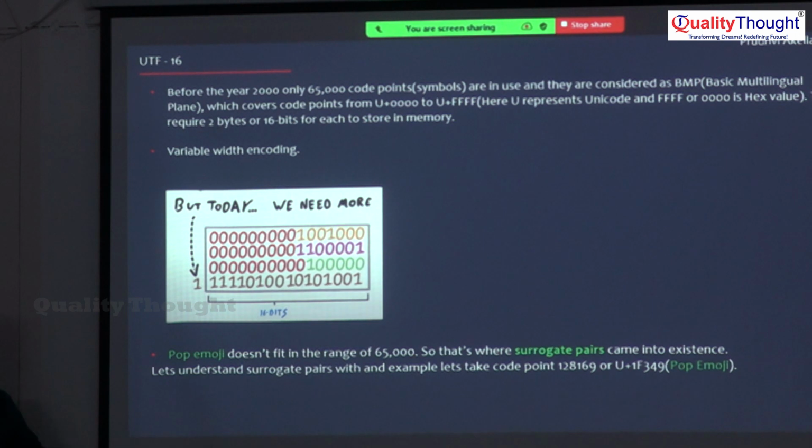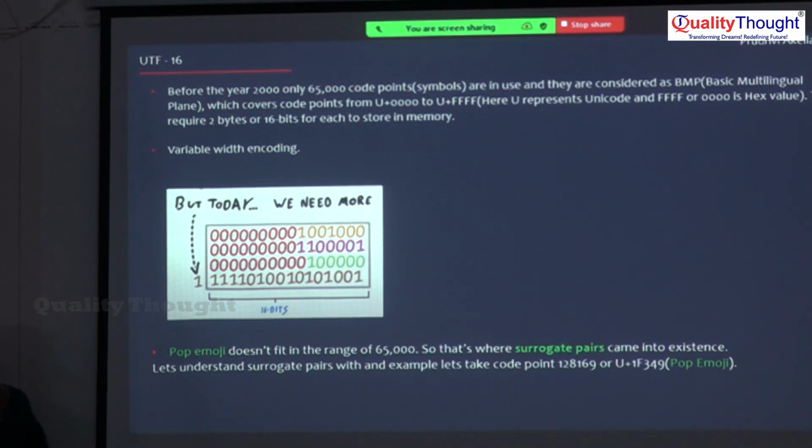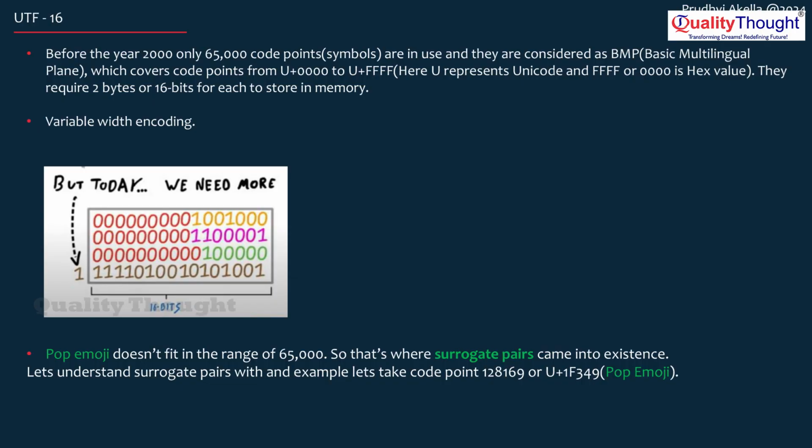That means the maximum number that you can represent with 16 bit is 65,536 or something like that. But the number the poop emoji has is 128,000. That is greater than 65,000. So you cannot fit that into 16 bit. Now, what is the solution for it? That's the reason why we have something called surrogate pairs.